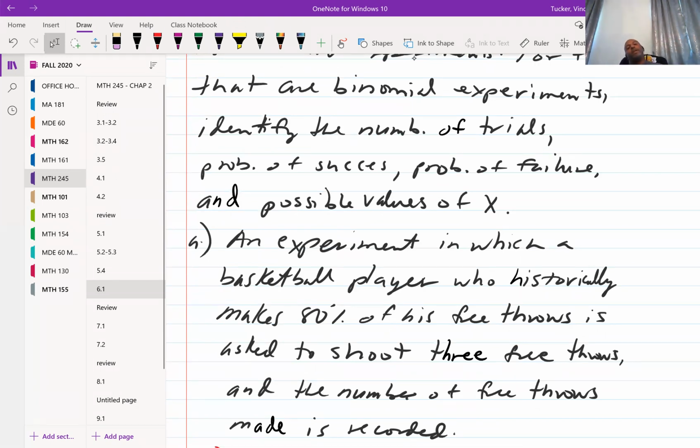All right, so A: an experiment in which a basketball player who historically makes 80% of his free throws is asked to shoot 3 free throws, and the number of free throws made is recorded. I'll give you a chance to write it down.